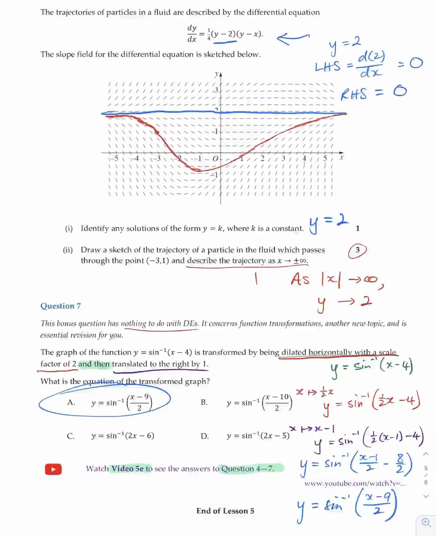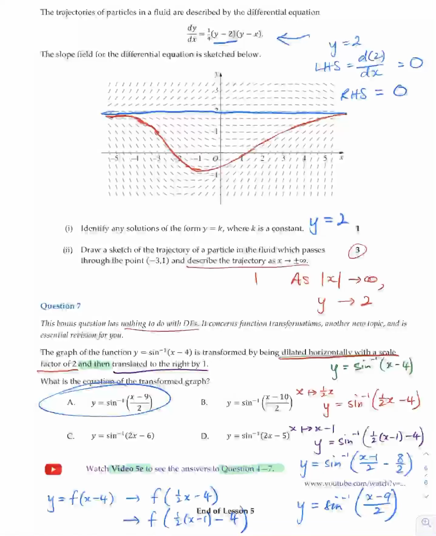Now all of this, inverse sine was completely irrelevant. We started off with a function of x minus 4, and we went to a function of a half x minus 4, and then we went to a function of a half of x minus 1 minus 4. All right? Okay, that is the end of lesson 5.